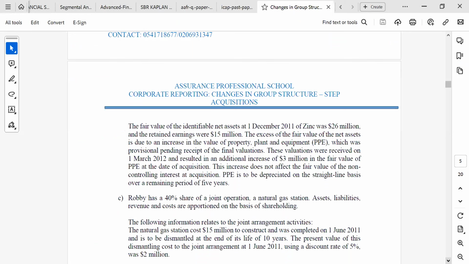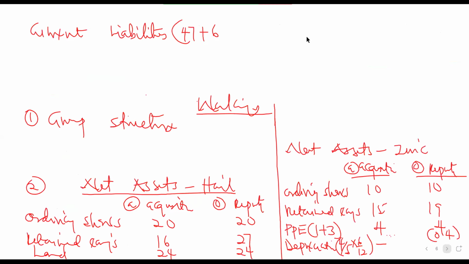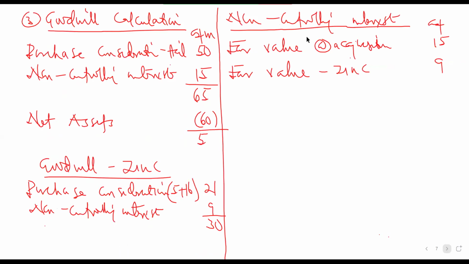Okay, so let's go and determine the goodwill for them, because at acquisition, no issue will come up again. So the acquisition figure will now be 29 million. So we come here, we have the goodwill. We have the net asset for them, and their net asset now will be 29 million.